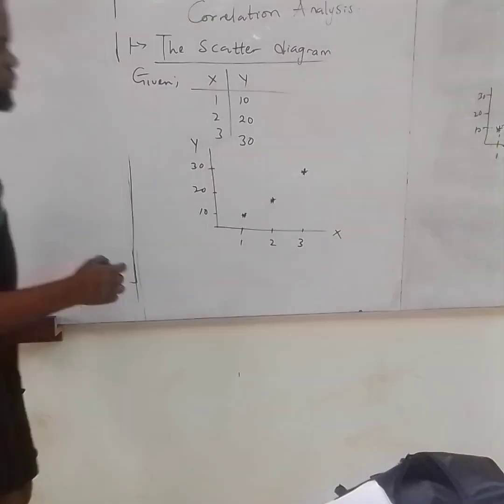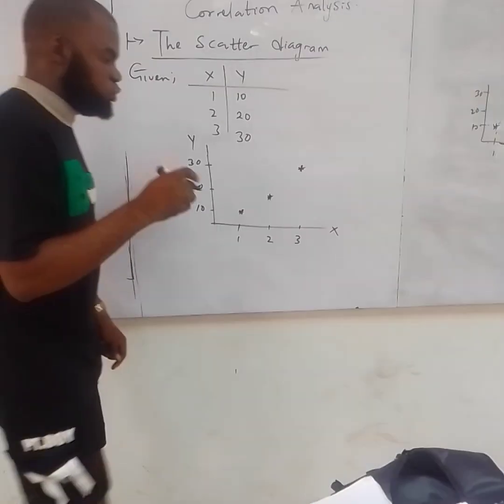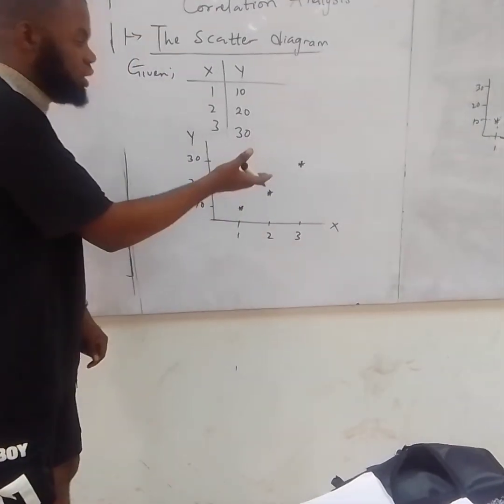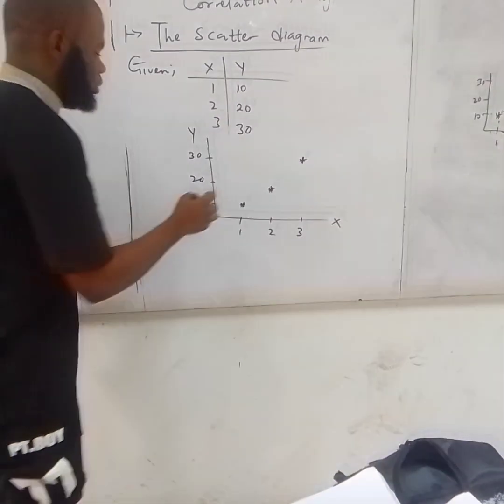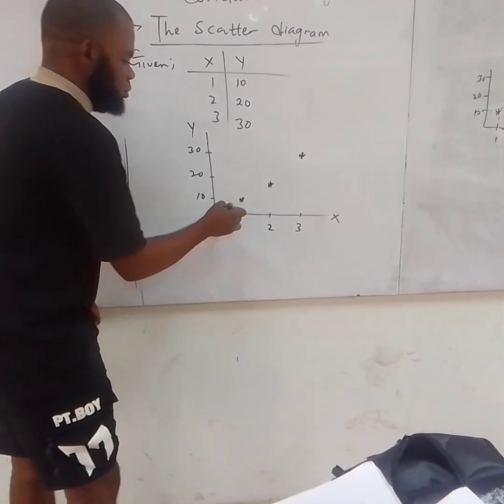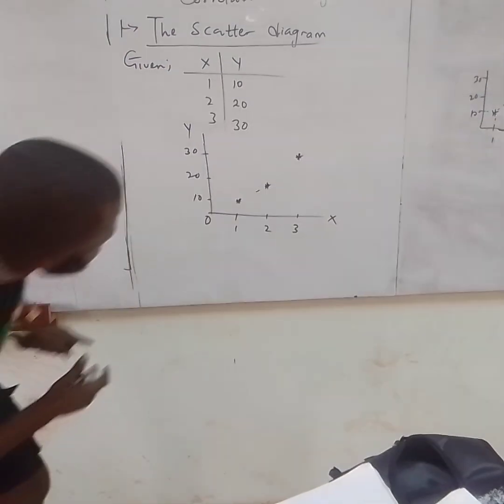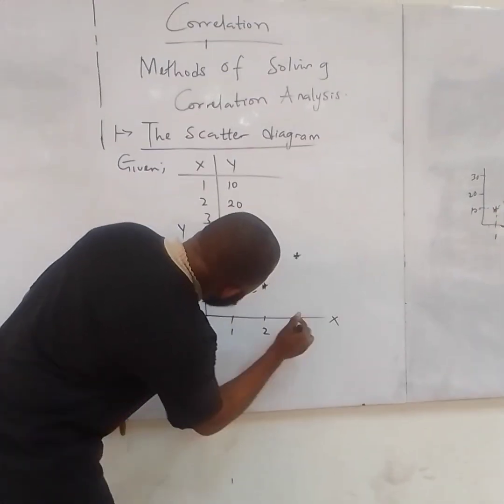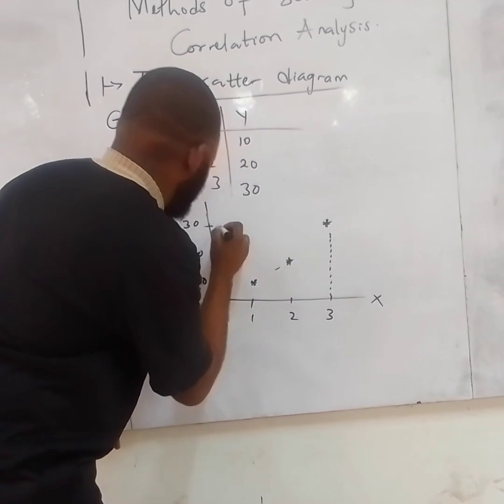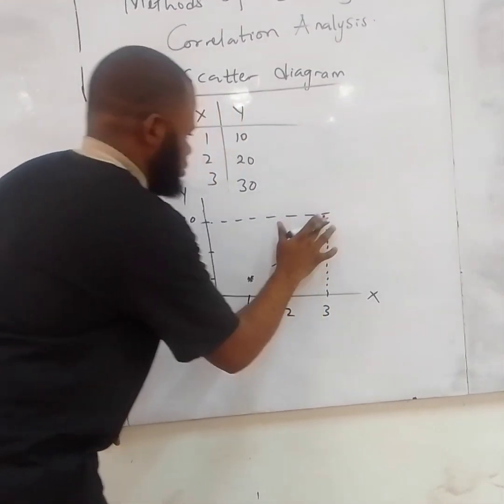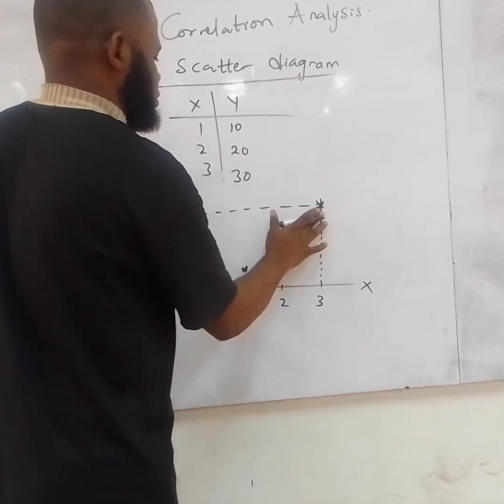Now, if you want to know if there is a perfect relationship, a correlation between the x and y values, look at this, the origin is here.